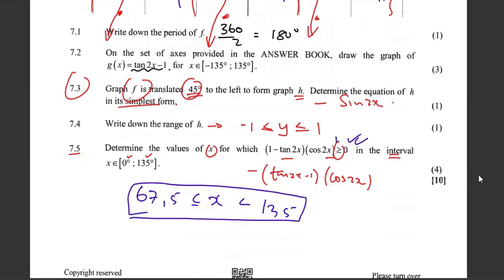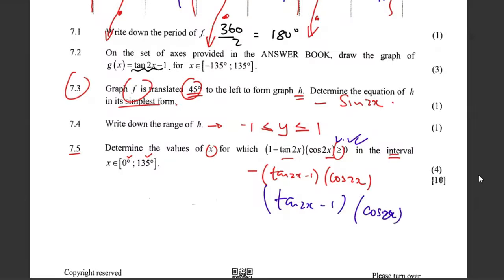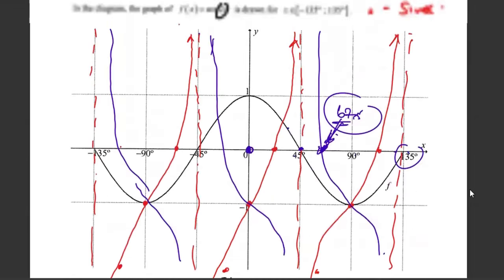Okay, so that is, oh, wait a minute. If I look at the original, meaning that it's 2x minus 1, and then cos of 2x being less or equal to 0, that is also possible.